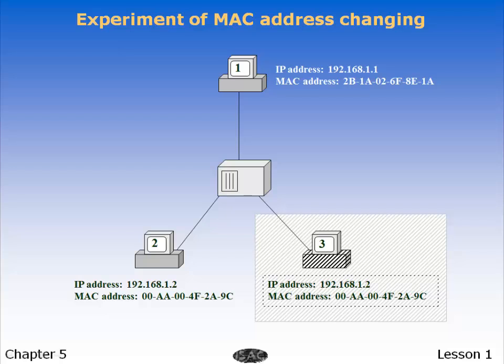The IP address of the first one was 192.168.1.1 with a subnet mask of 255.255.255.0. The subnet mask was the same for both of those computers.